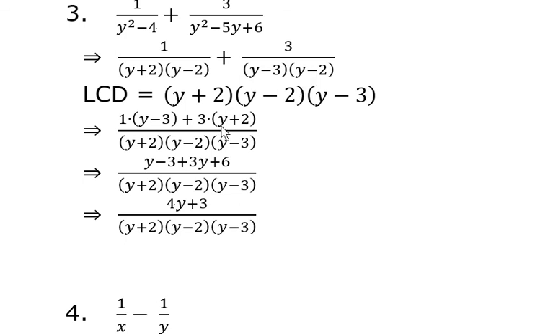So what is left is y plus 2. Then, simplifying, we are now on the step 1 times y, then 1 times negative 3 minus 3, plus 3y plus 6. Copy the LCD, and simplifying, last and final step, copy the LCD. Then we have y plus 3y becomes 4y, negative 3 plus 6, or simply 6 minus 3, we have positive 3.